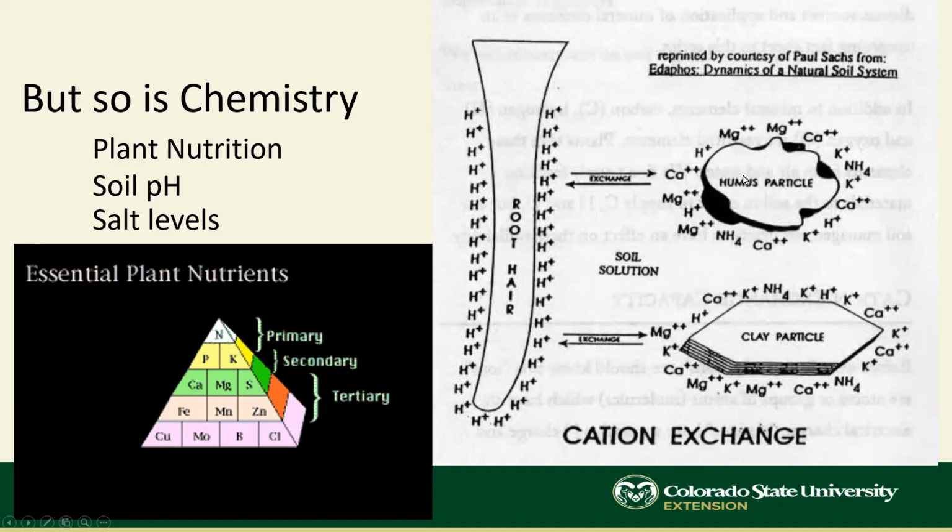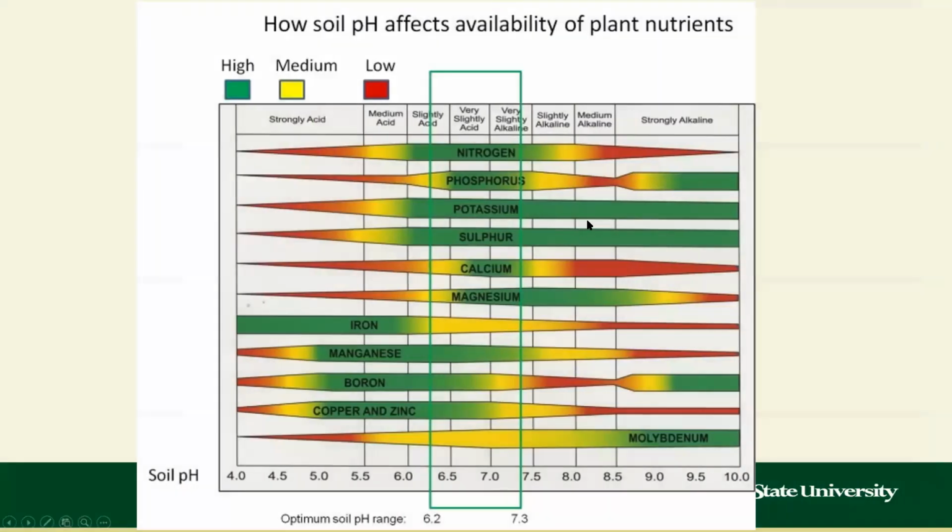This humus up here is that very broken down soil organic matter. We can get a lot of our minerals attaching to that as well. So you have all these minerals to mine over here by this root, but it happens through this soil solution. And that's where the chemistry starts to come into effect.